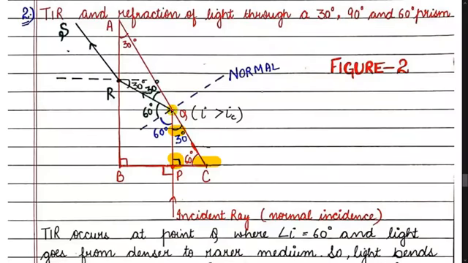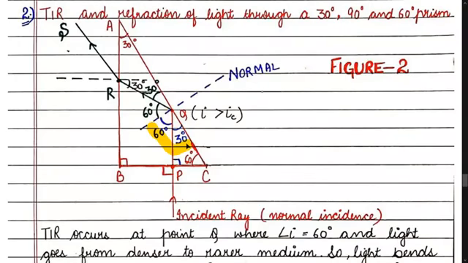Now students, see point Q on the surface AC of the prism. At point Q, let us draw the normal as shown in the figure in a dotted manner. So, the angle made between the prism surface and normal is 90 degree. This is 90 degree.